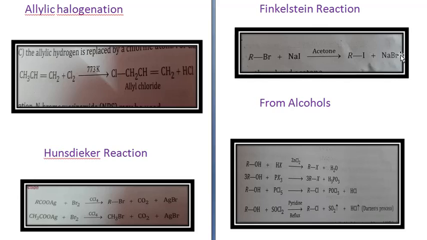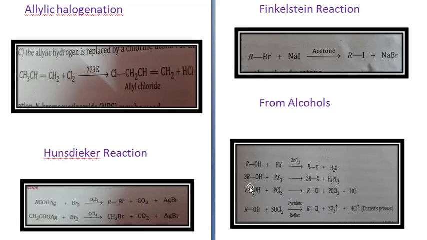Haloalkanes are also obtained from alcohols. First is, see, there are various methods through which they are obtained from alcohols. Alcohol formula is ROH. When ROH, R is any alkyl group, is treated with HX, it can be HCl, HBr, any halogen acid, it gives you RX plus H2O.